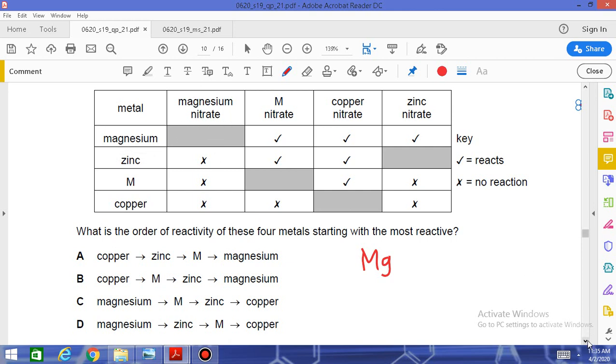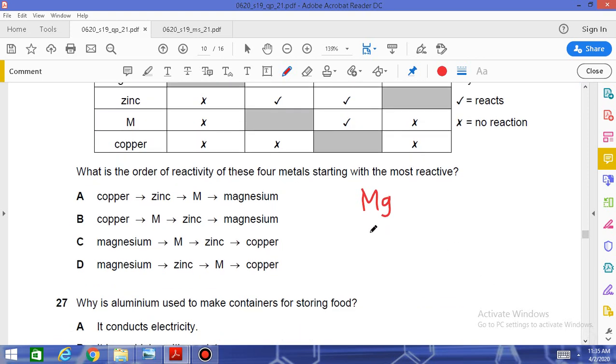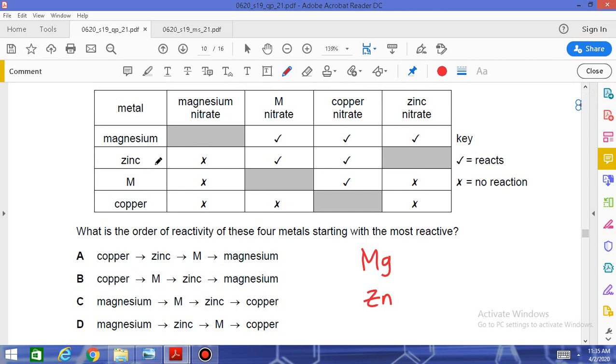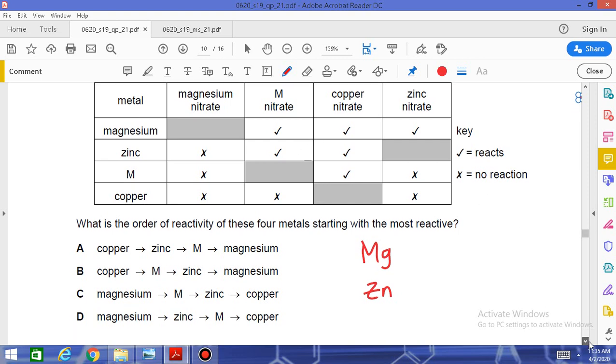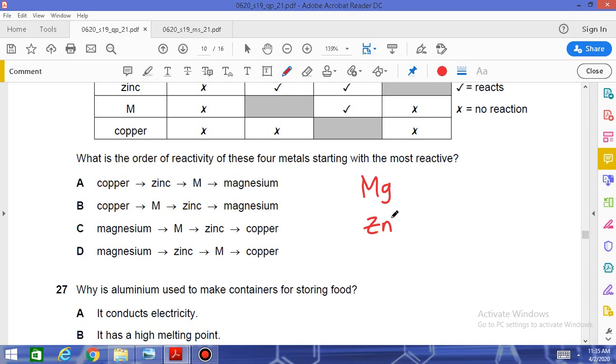So of course zinc is below magnesium. But zinc can displace M and copper. So I can put M below zinc here.